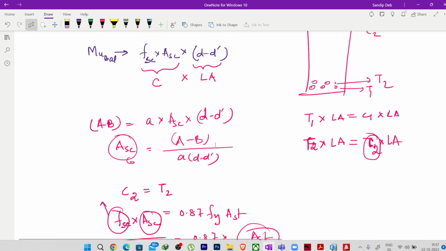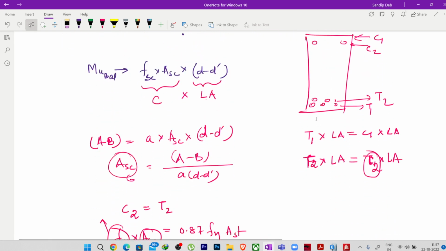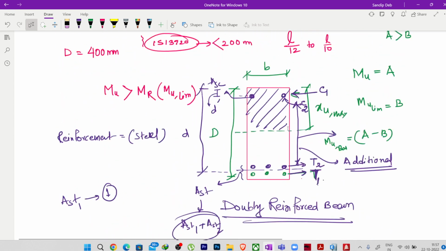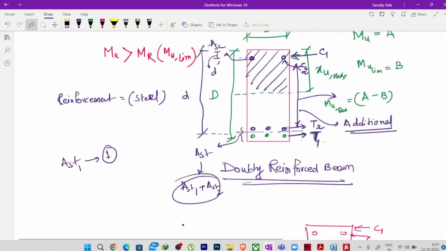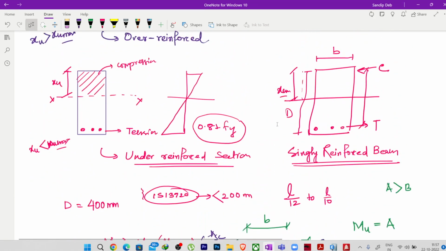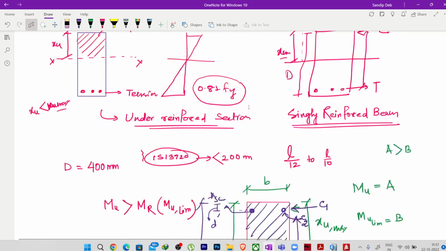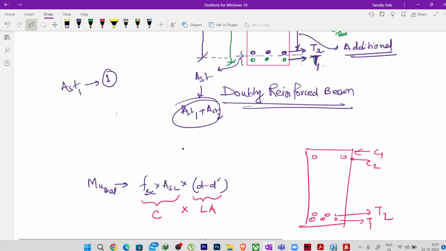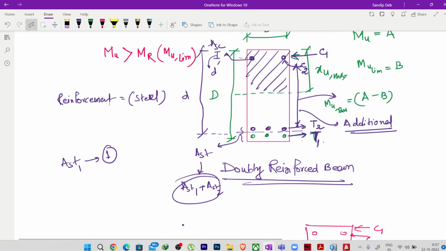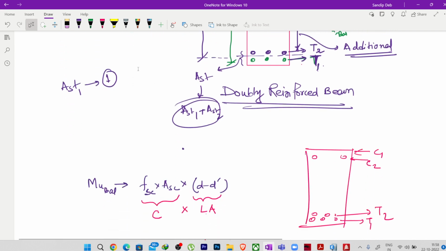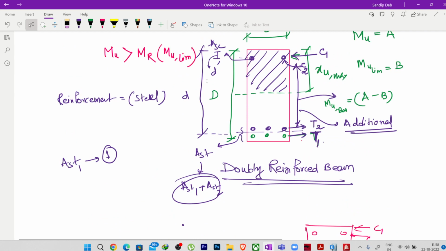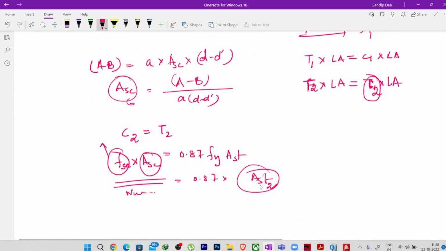So what is the total amount of steel that we will be providing at the tension zone? The total amount of steel we will be providing is the steel that we have found out for the balanced section, which is AST1. I think I have written somewhere here. Yeah, AST1 for having a balanced section, and then plus to create the additional moment of resistance, or you can say to create the additional tension compression couple, we are providing this AST2.